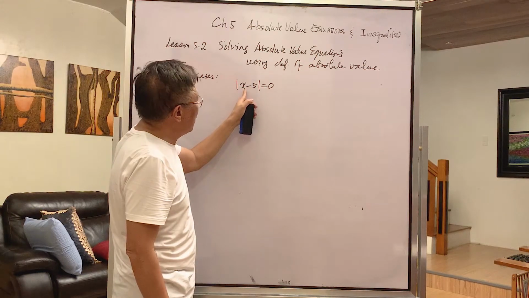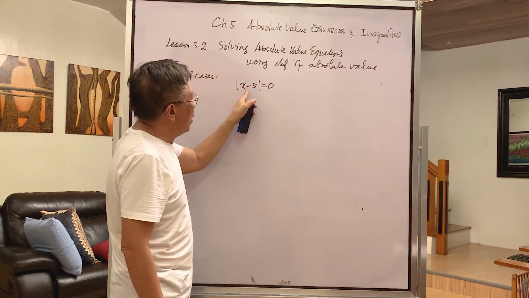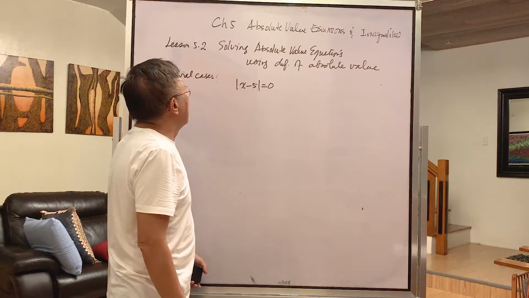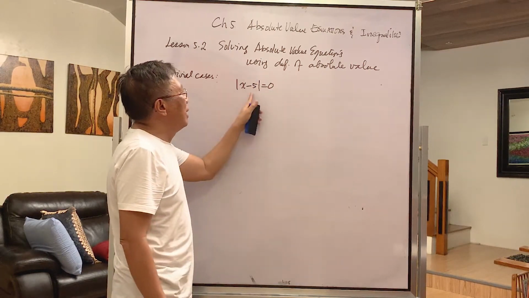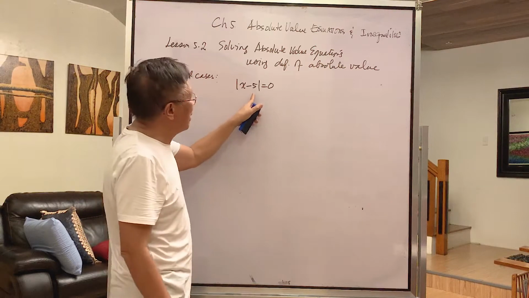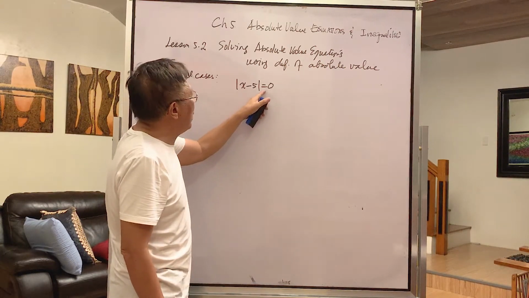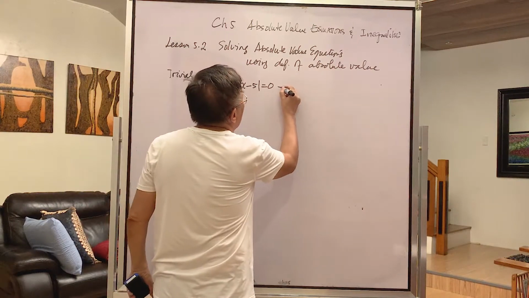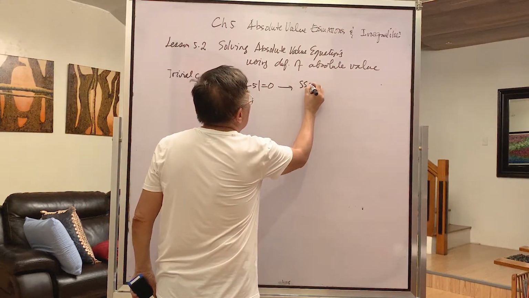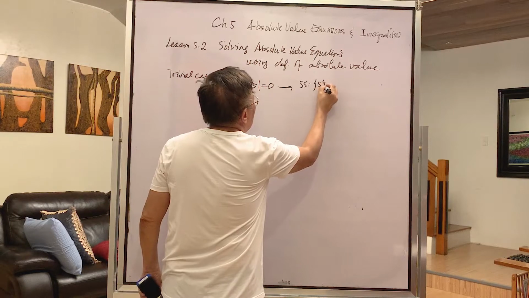When we mean trivial case, it's simple enough that you can guess the answer. So what will make the left-hand side 0? x minus 5 is equal to 0, so x equals 5. So my solution to this will be equal to 5.